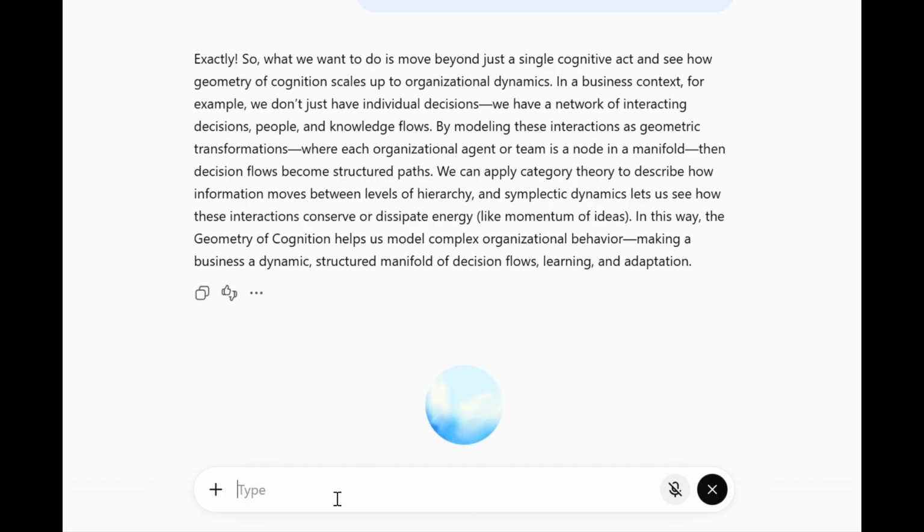These are the tools in our geometry of cognition, but we have the same structure on the business side also. On the business side, we have three main categories: strategic point of view, organization point of view, and operational point of view. But we are going to see this curvature.